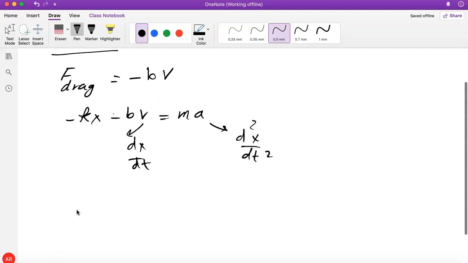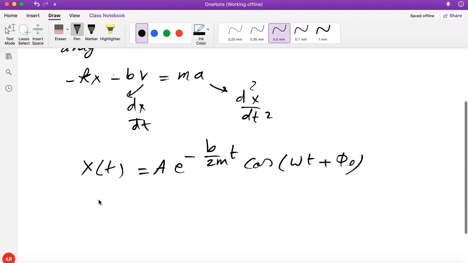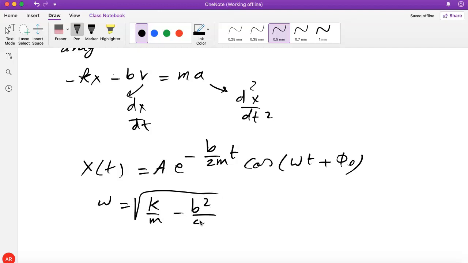We found that this has a general solution: x of t is equal to the initial amplitude, e to the minus b over 2m times t, times cosine of omega t plus phi naught, where omega is the square root of k over m minus b squared over 4m squared.